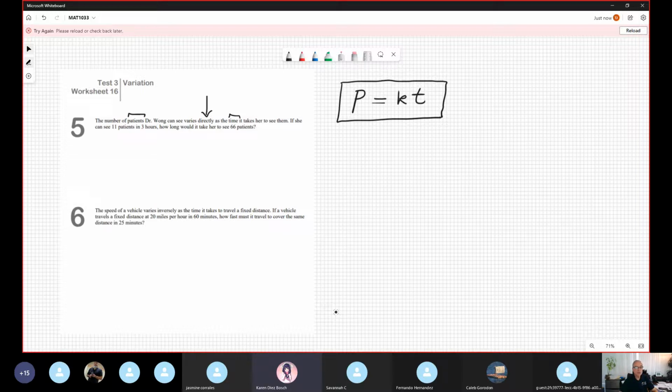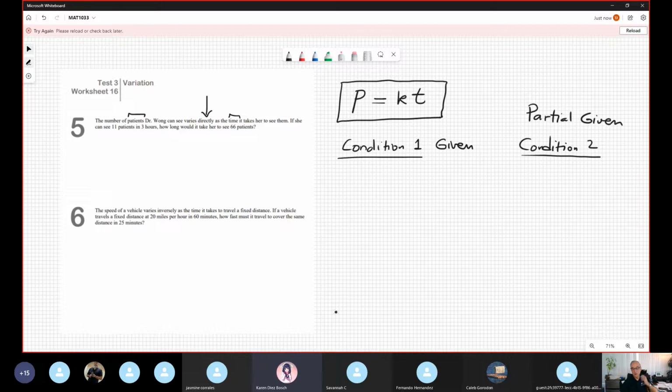If she can see 11 patients, basically, this is a typical example. We have two conditions. Condition 1 is given, and condition 2 is given but partial, and you need to find one piece of condition 2.